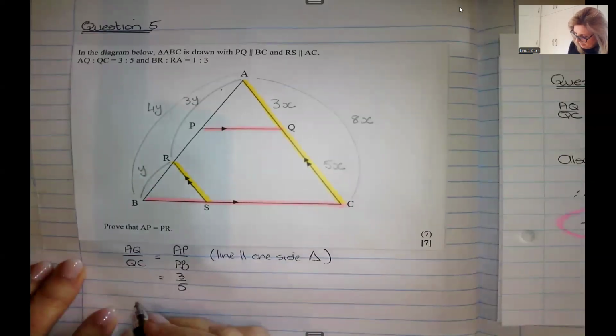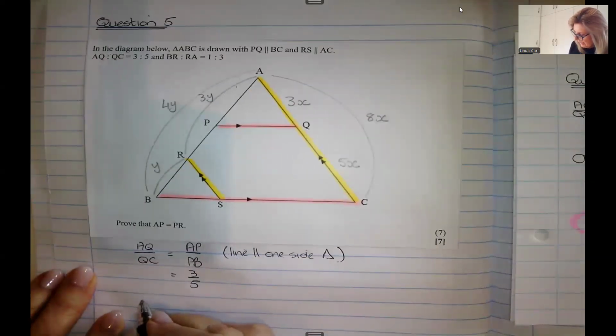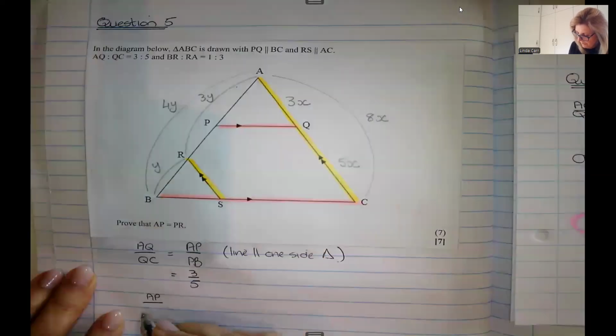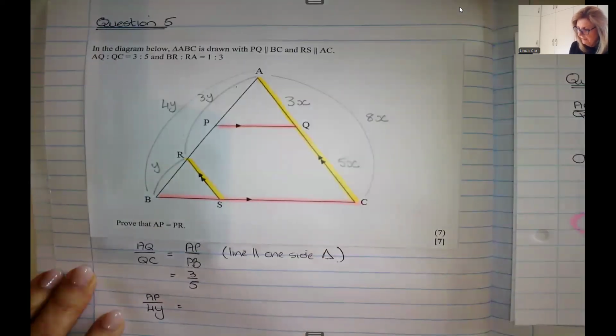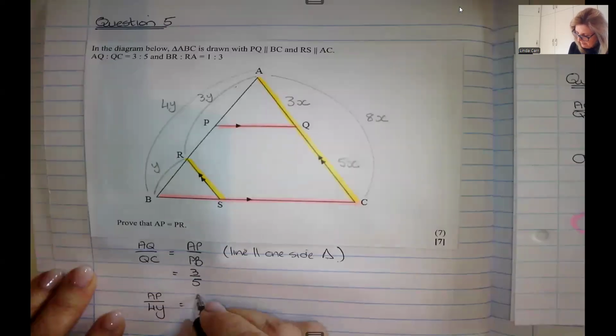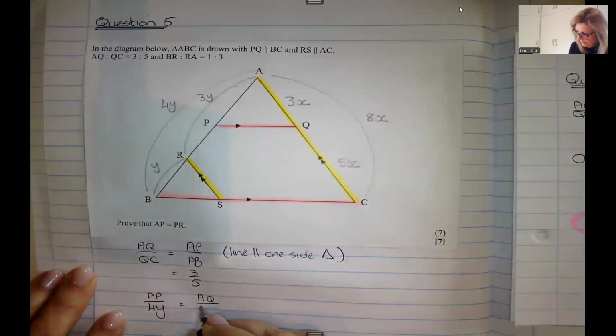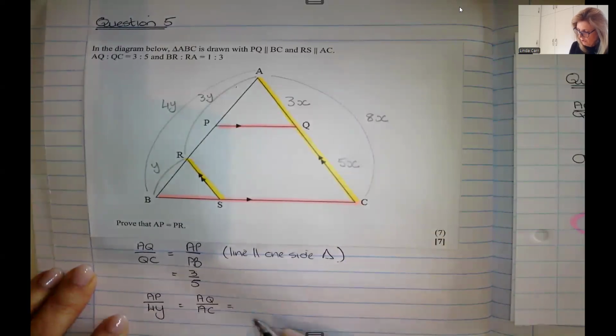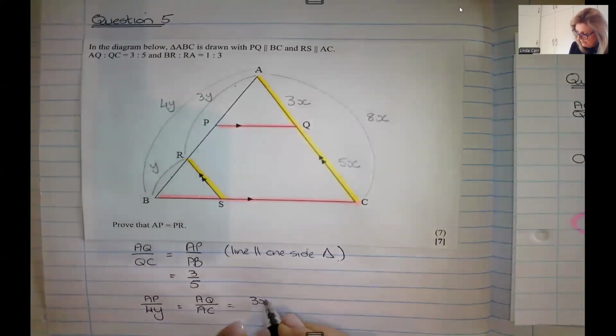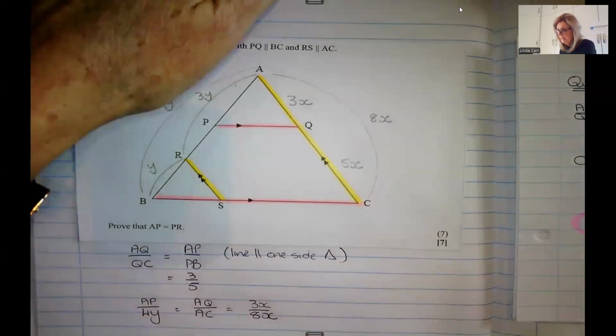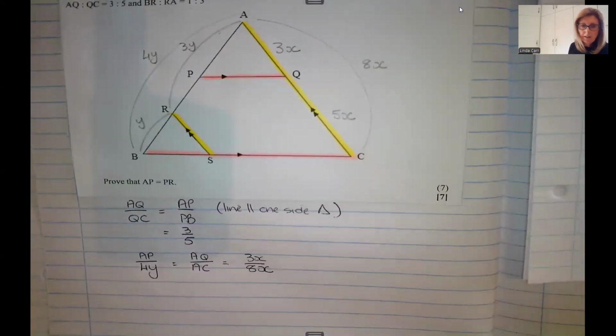So I'm going to write it as AP over the whole side 4y is the same as AQ over the whole side AC, which would therefore be 3x over 8x. Let's have a look and see where that gets me.